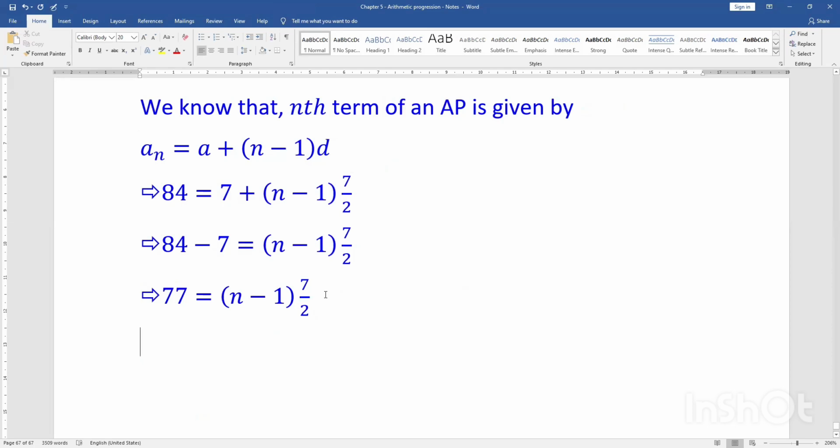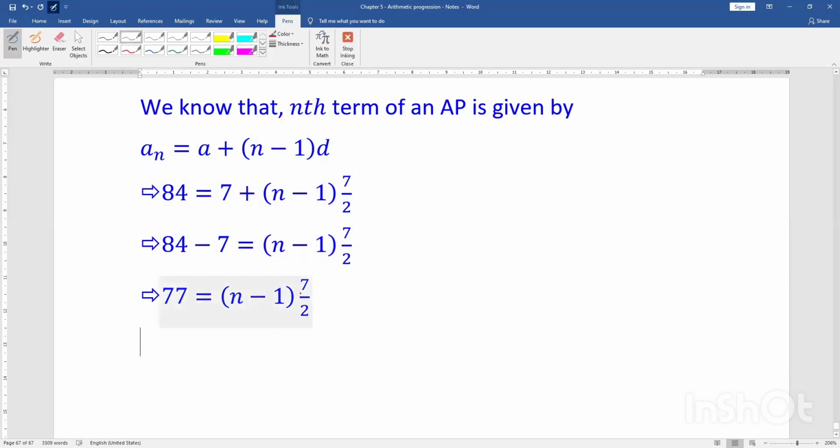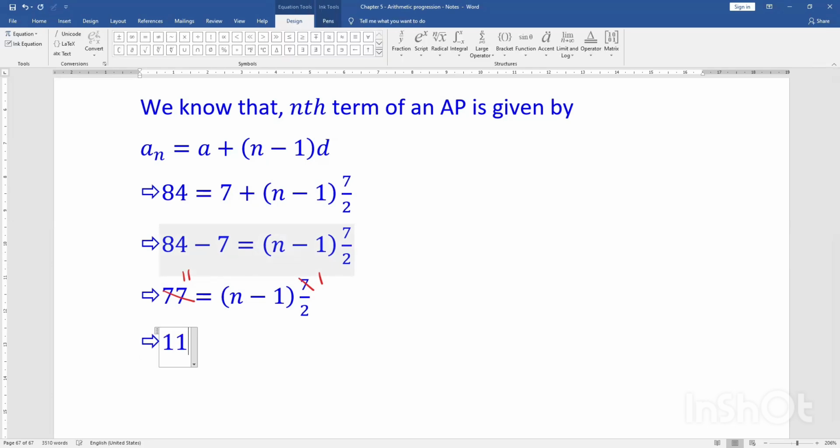Now, to do the cancellation, be very careful in these calculations. When you do cancellation, make sure that you cancel either numerator with numerator when you have an equal sign in between. So 7 ones are 7, 7 elevens are 77. In my next step I can write 11 equals n minus 1 into 1 by 2.